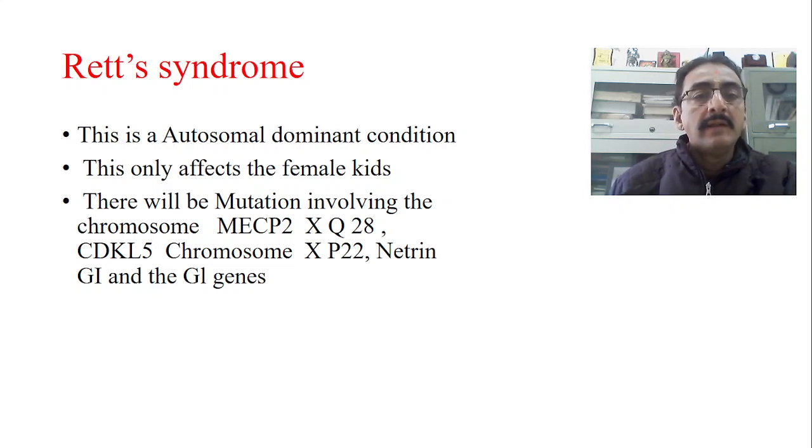Similarly, some other genes like NTNG1 and GL genes are also affected. These are the suggestions given from some of the studies. But one thing is very clear: this is most commonly seen in female kids compared to male kids.